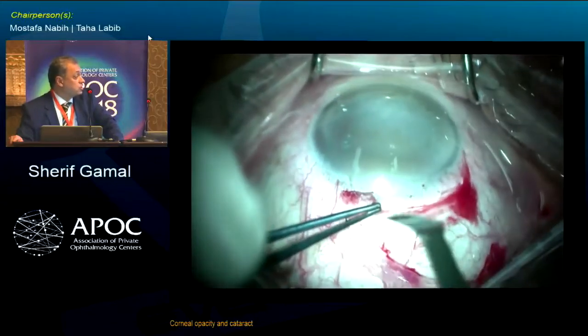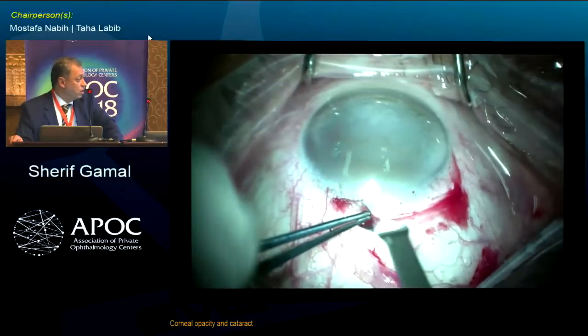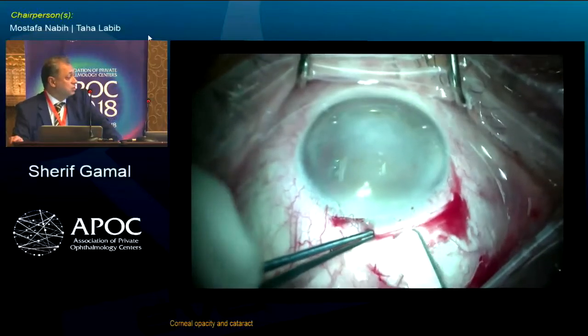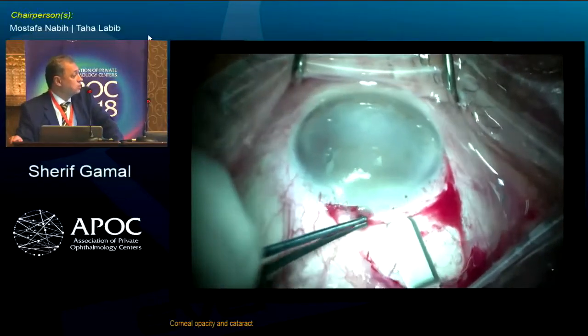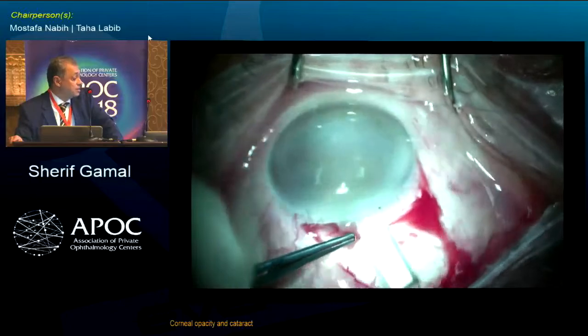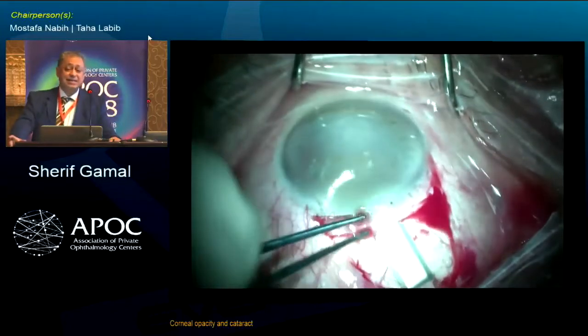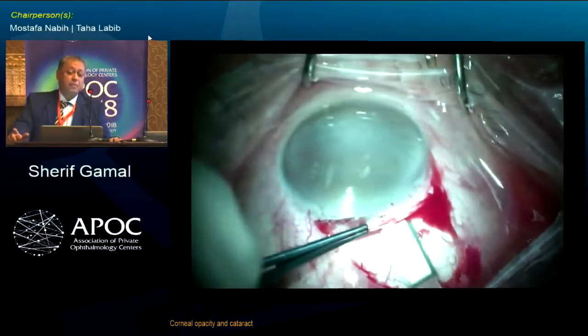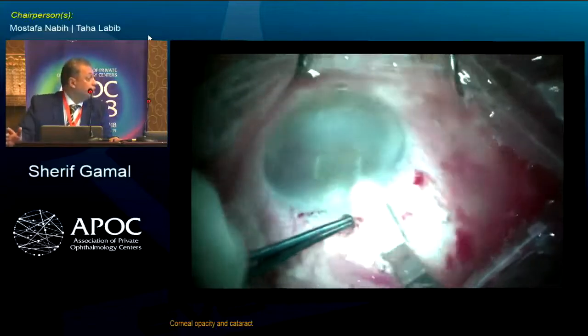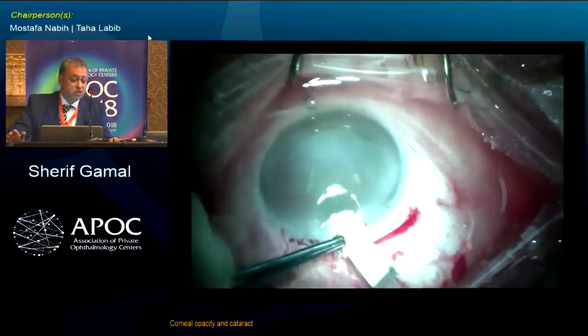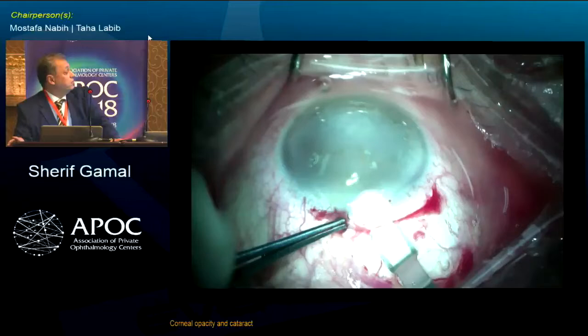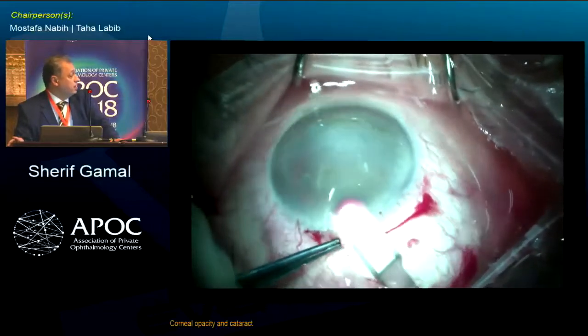I do lots of surgeries this way now because there is nearly zero astigmatism induction in such tunnel-shaped designs, and I can increase the length of my incision up to 6 millimeters and end my surgery with a sutureless operation. This is the fashioning of the tunnel.